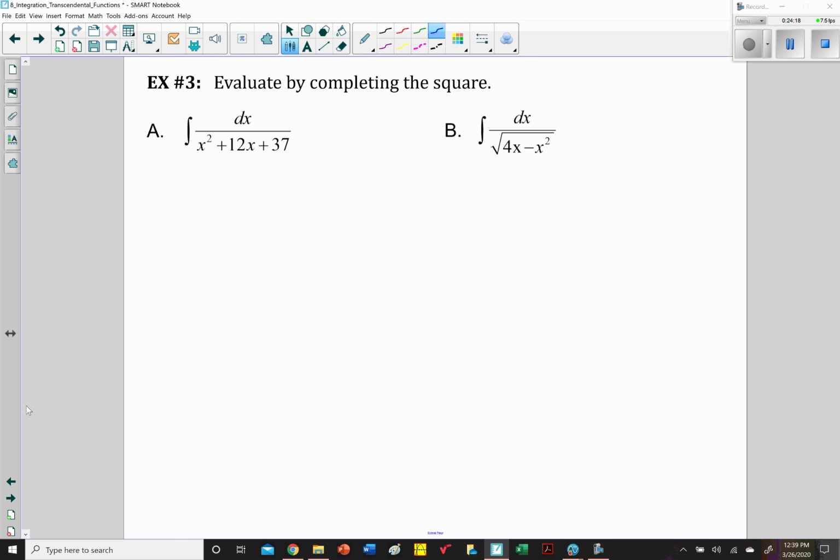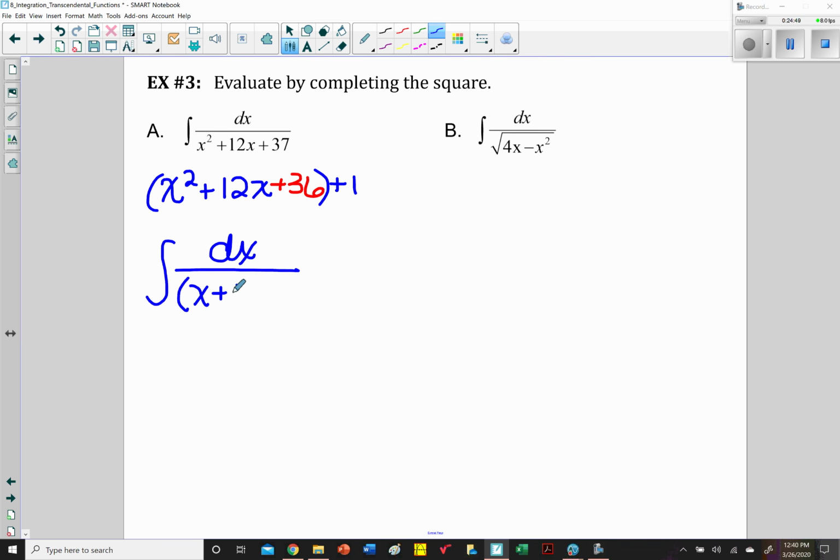And then here, evaluate by completing the square. So we saw this earlier. Remember, this is one of the things that College Board is going to add for us. So I'm thinking that if we rewrite this as 36 and 1, we could call that a complete square by just visualizing that. And we would have dx on the top and rewrite that denominator as x plus 6 squared plus 1.